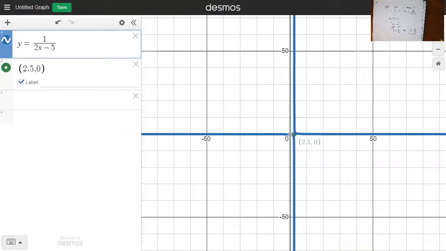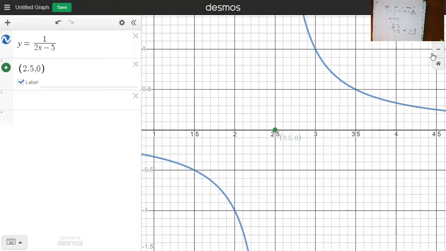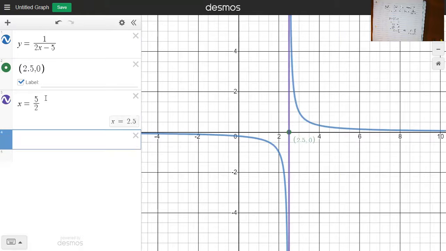In fact, why graph just that point? Why not graph the whole asymptote? So let's do that real quick. Let's graph x equals 5 over 2. And there it is. There's my vertical line of x equals 5 over 2, or 2.5, however you want to say it.